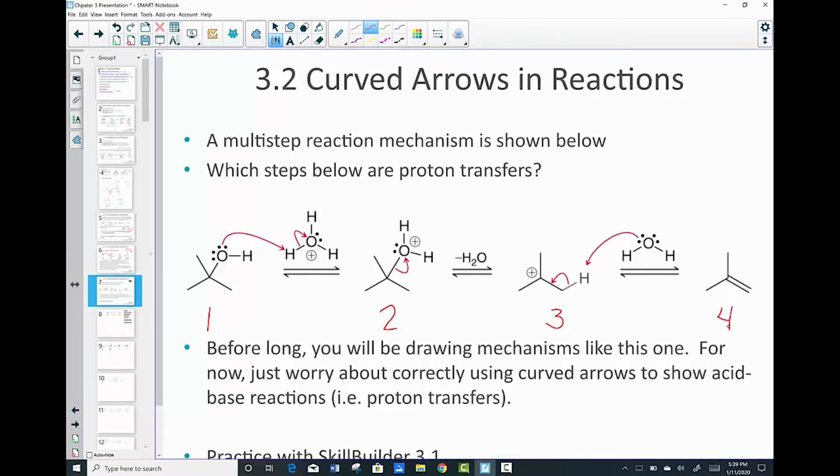Now, here we have a polar bond, looking at the very rich region on the oxygen. And this is the hydronium ion, which means based on the polarity, the electron density is being pulled towards the oxygen, making the hydrogen a very deficient region of electrons. So the hydrogen is partial positive, and the oxygen region is partial negative.